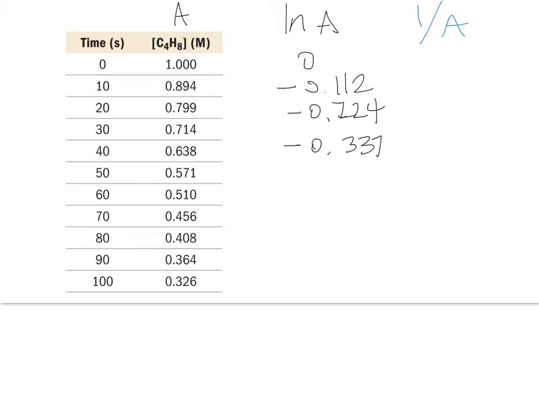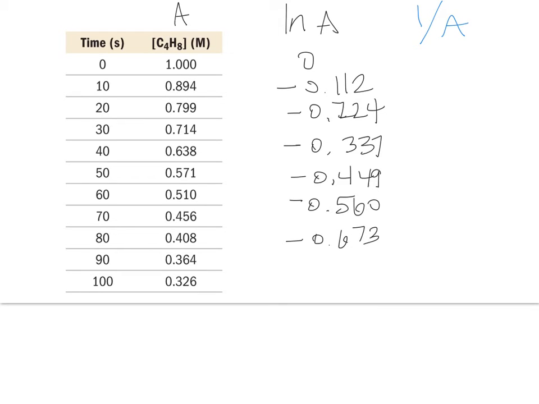Next one, 0.638 is negative 0.449. Natural log of 0.571 is negative 0.560. Natural log of 0.510 is negative 0.673.